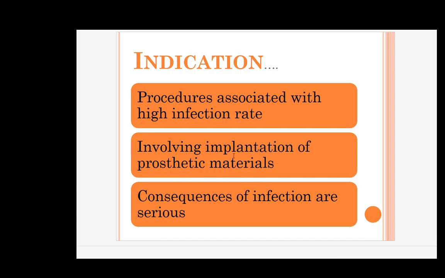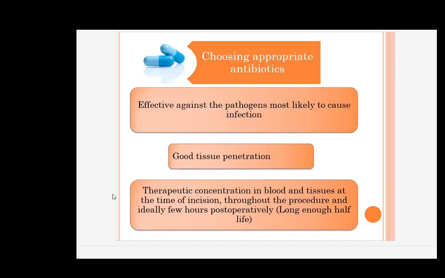Sometimes the prosthetics cost a few lakh rupees to a few thousand rupees. So apart from the loss, you may have to take out this prosthetic material because it will now be acting as a foreign body. So wherever the consequences of infection are very, very serious, we probably end up giving prophylactic antibiotic.